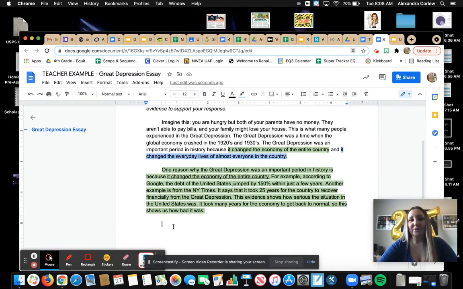The first thing we need to put is our claim. Notice body paragraph 1, I said one reason why, and I restated the question. Then I put my reason. I'm going to do basically the same thing again in body paragraph 2. Another reason why the Great Depression was an important period in history is because now I'm going to go check out my plan and make sure I get the reason exactly how I want it.